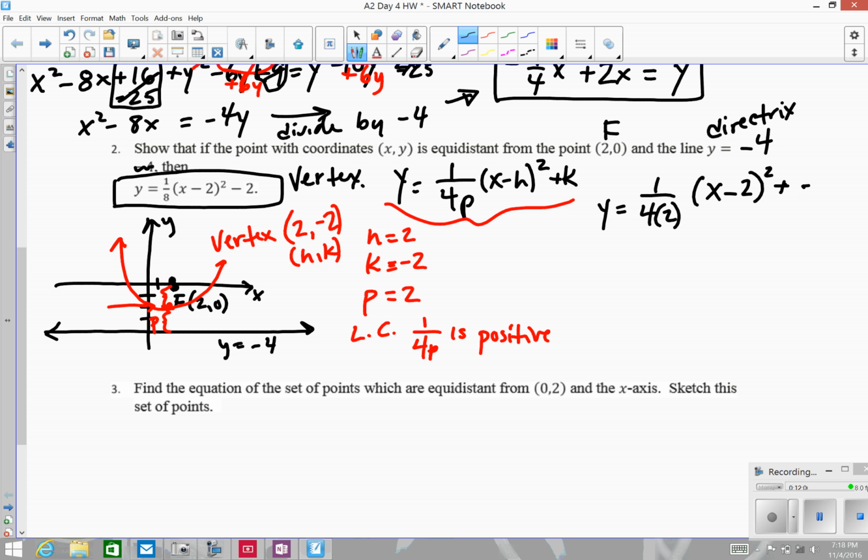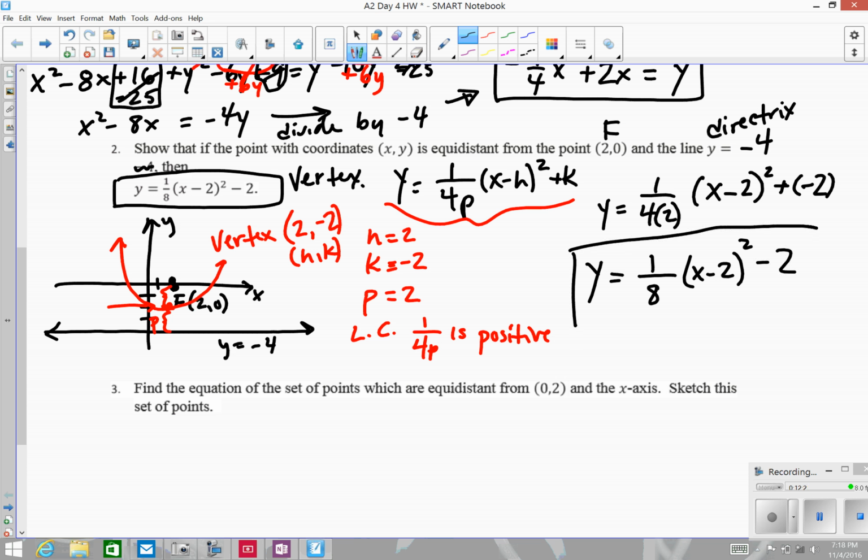K is a -2. I'm going to clean this up a little bit. 1 over 4 times 2 is 1 over 8. X minus 2, quantity squared, minus 2. And that is in vertex form, the equation that I get, which does match the one given to us in the beginning of the problem here.